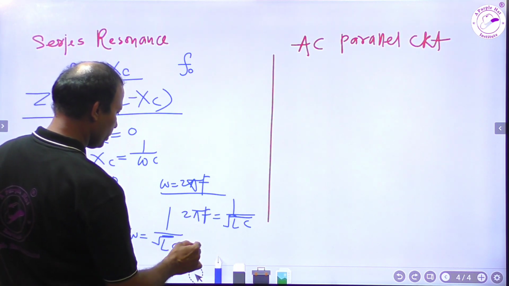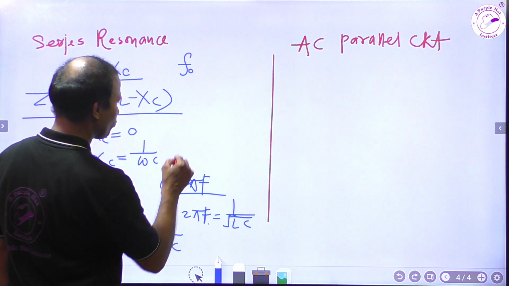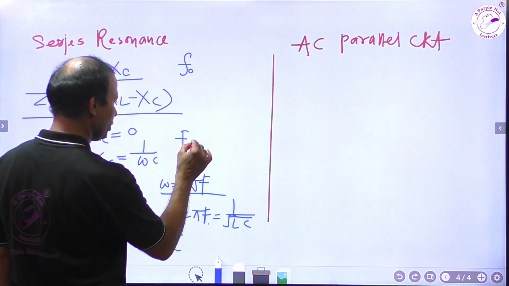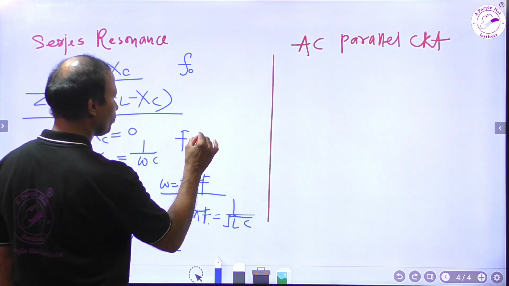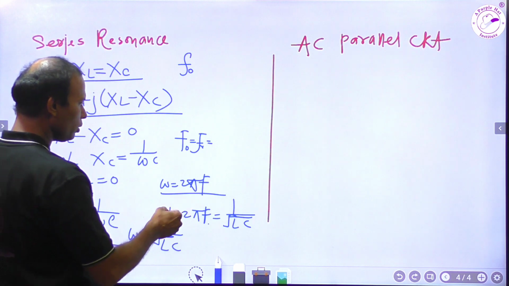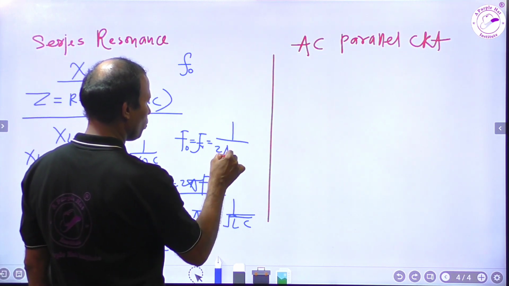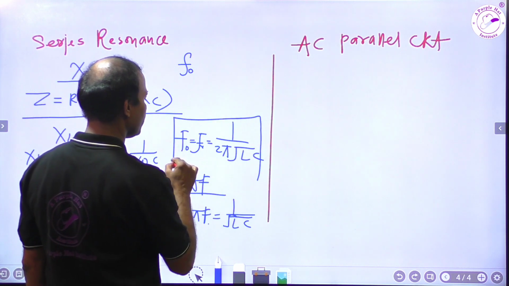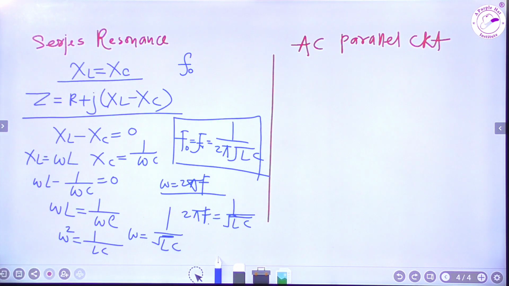This frequency is called the resonance frequency. So we found the equation: F, the resonance frequency, also written FR and considered so in some places, is equal to 1 upon 2 pi root LC. This is a simple technique to find this frequency. This is called the resonance frequency.